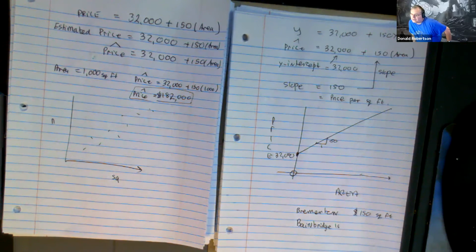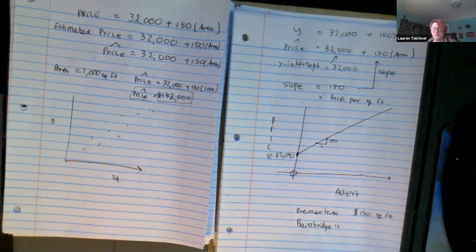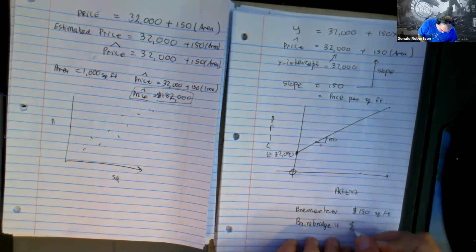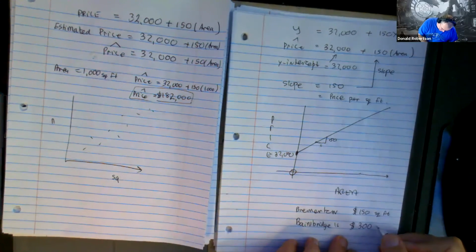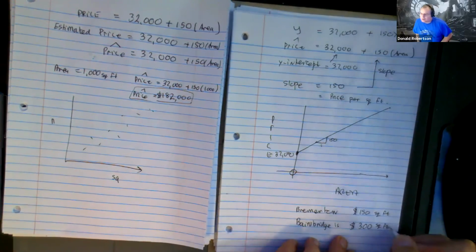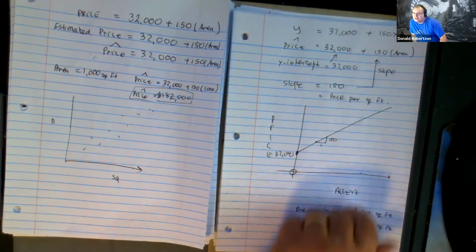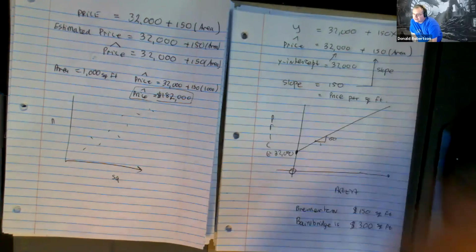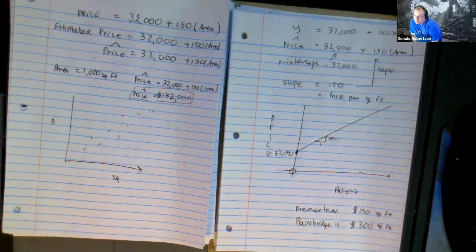More, less, or the same? More. And I'm making this up, but it might be $300 per square foot. Do you see how knowing that number, which is essentially the slope of the equation, gives you a pretty good impression of how expensive houses are in various places?